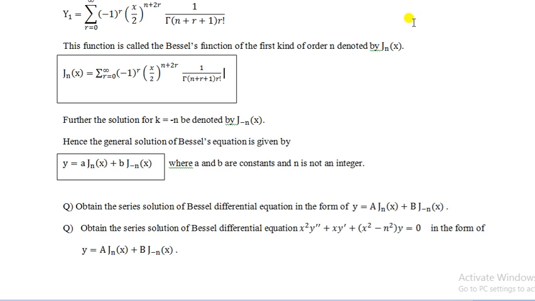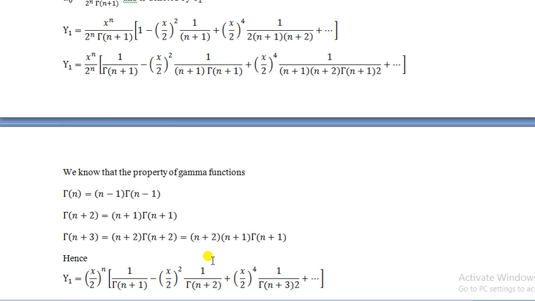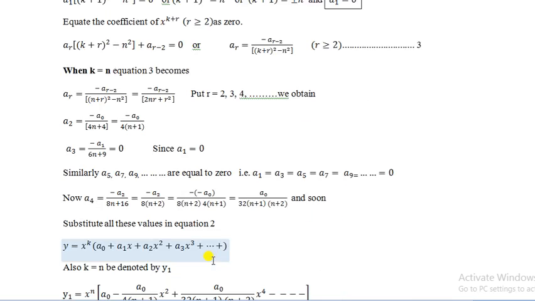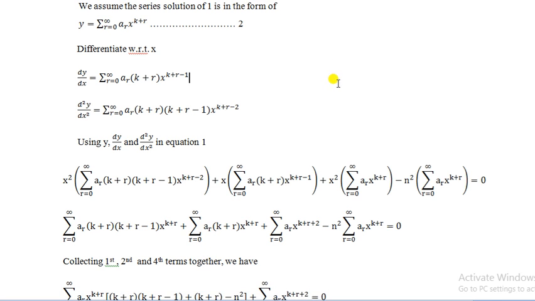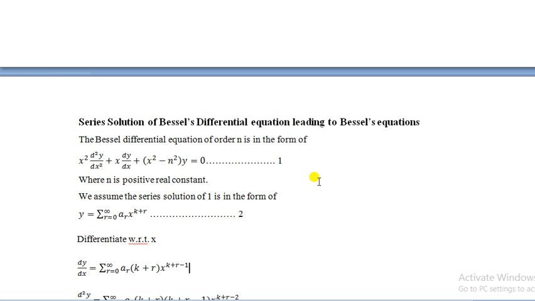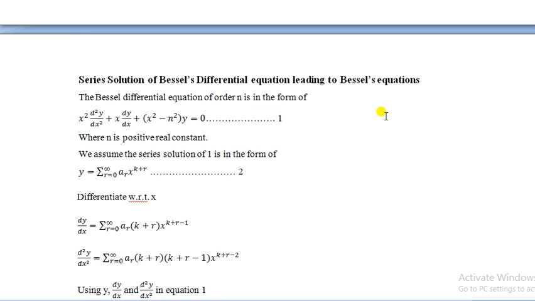Or the same proof can also be asked as: obtain the series solution of Bessel's differential equation x^2 y'' + x y' + (x^2 - n^2) y = 0 in the form of y equals a Jn of x plus b J minus n of x. Then also you will write the same proof here. The proof is very easy. You will need more practice, then you will understand Bessel's differential equation.